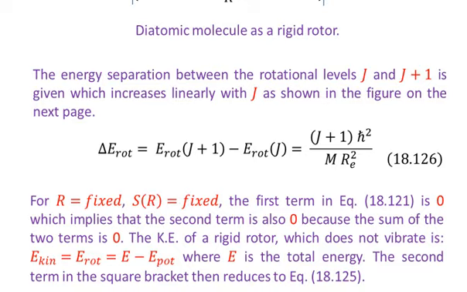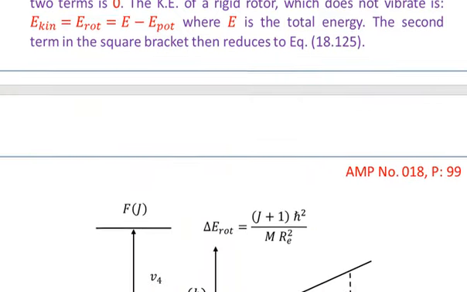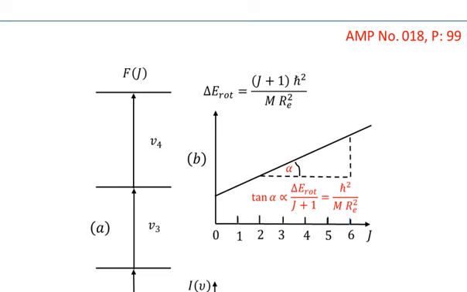And this is actually shown over here. You can see that E rotational, which is equal to J plus 1 times H bar square over capital M and R E square, has been shown as a function of J. So as the value of J increases, the value of E rotational will also increase. That is, the separation between the two rotational levels will also increase.